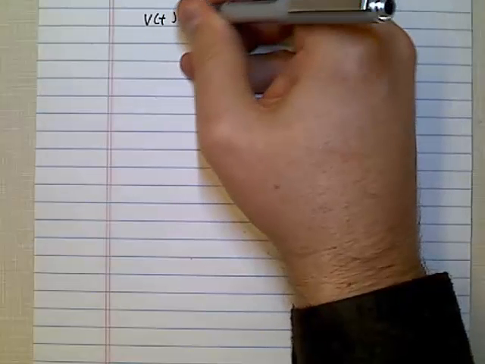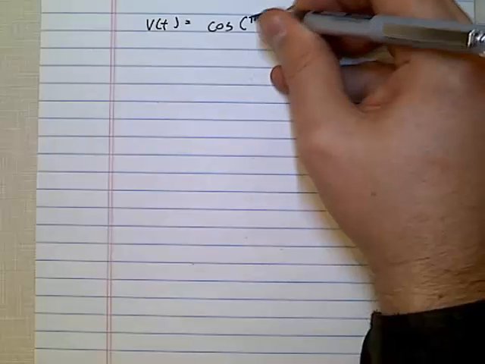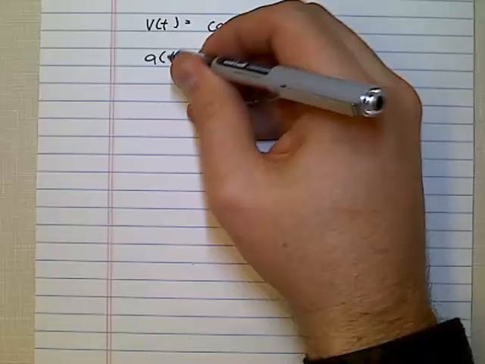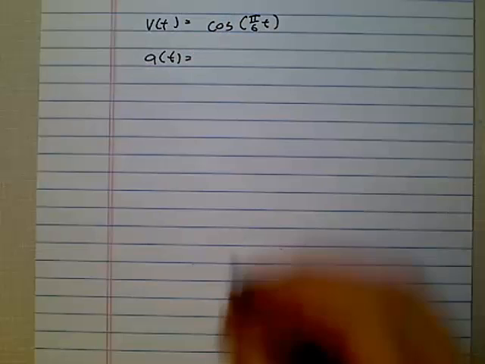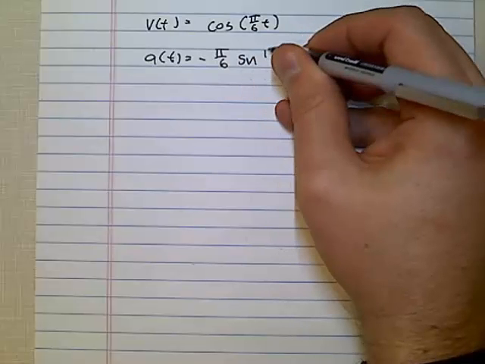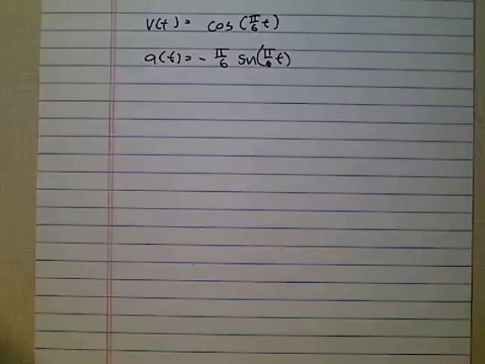We know that the velocity is given by cosine of pi over 6 t, and we figured out that the acceleration was given by negative pi over 6 sine of pi over 6 t. And we need to determine whether these things are positive or negative at 4.